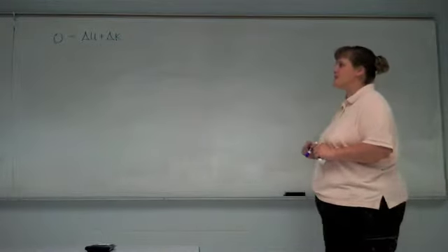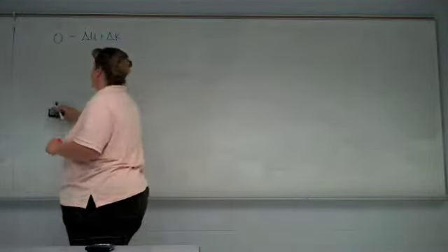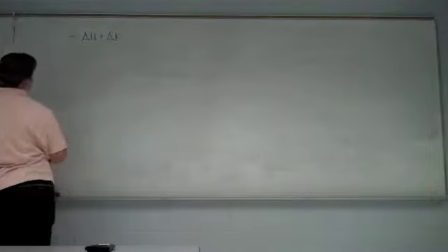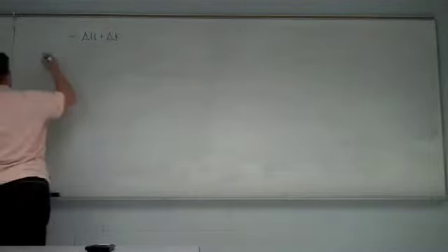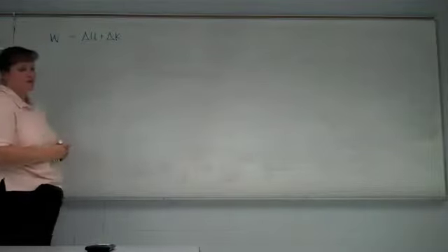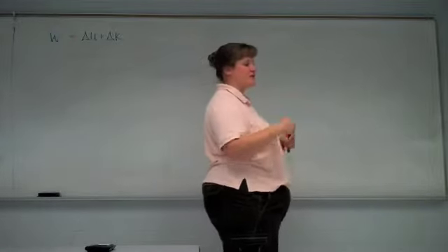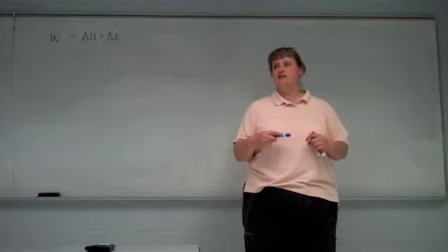So we need to modify this equation slightly, so it will take into account the energy that our forces change or transfer in our system. The transfer of energy from one form to another is called work. So work is an actual transfer of energy into or out of an object or a system.